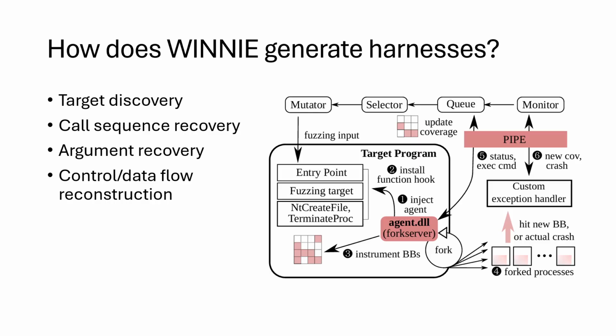Then it does something a little bit clever with that. It's able to recover the call sequence from that target library. So once you have the target library, you can extract out any inter-module call related to that library in the order that it happened.